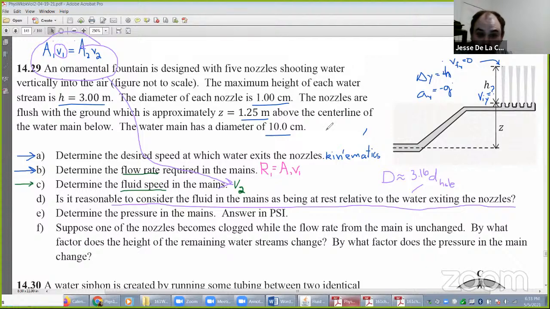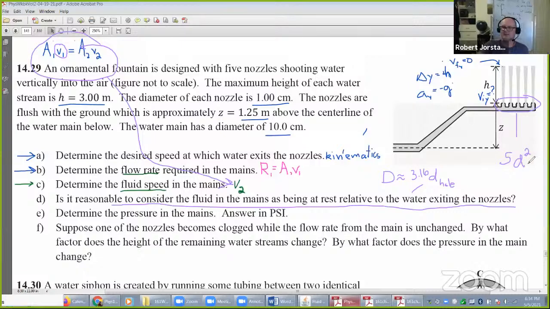No, oh, because there's 5. Right? So you effectively have 5 times little d squared, not just d squared, right? So it's, I don't know, it's close. The total area is 5 times this, whereas the big area is, okay, I'm not sure.